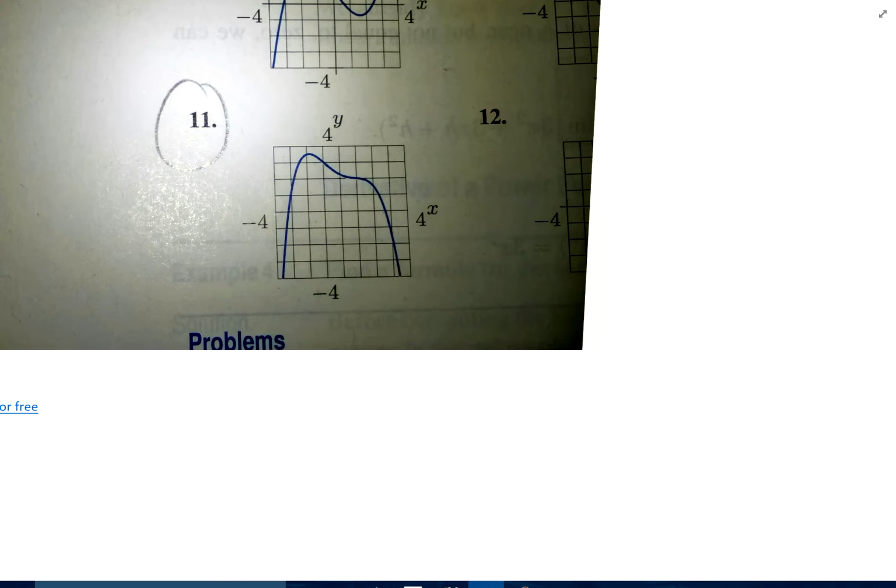Okay, so here, let's draw where my axis is. So here's the axis here, and here. So at that point it's 0, and somewhere right in here it looks like it's 0.